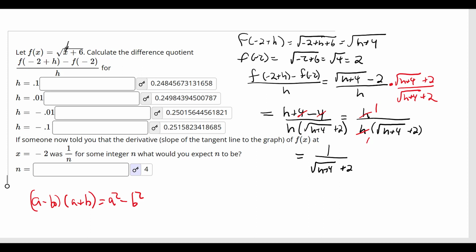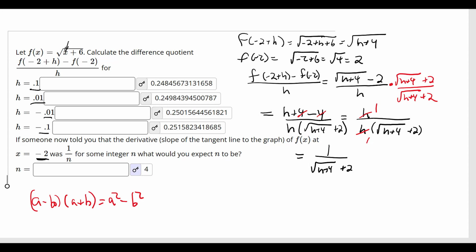Now we're going to look at different values of h. What if h is 0.1? What if h is 0.01? And then we go negative 0.1 and negative 0.01. So we're looking on either side of this negative 2, essentially, and we're trying to see what is happening as we get to negative 2.